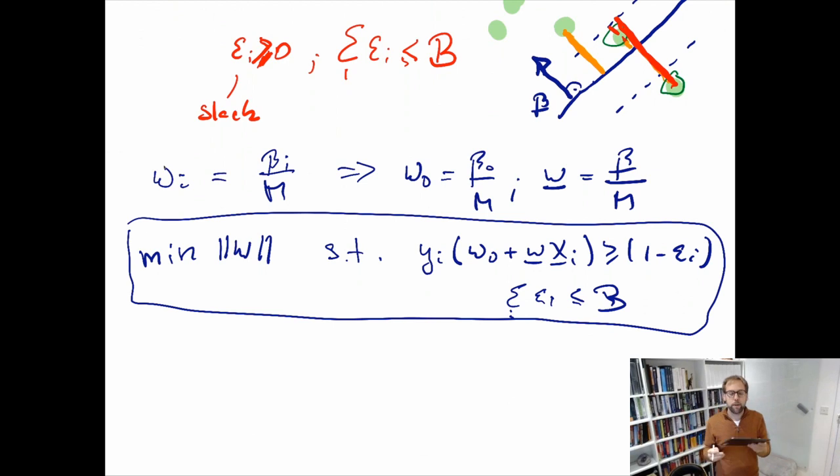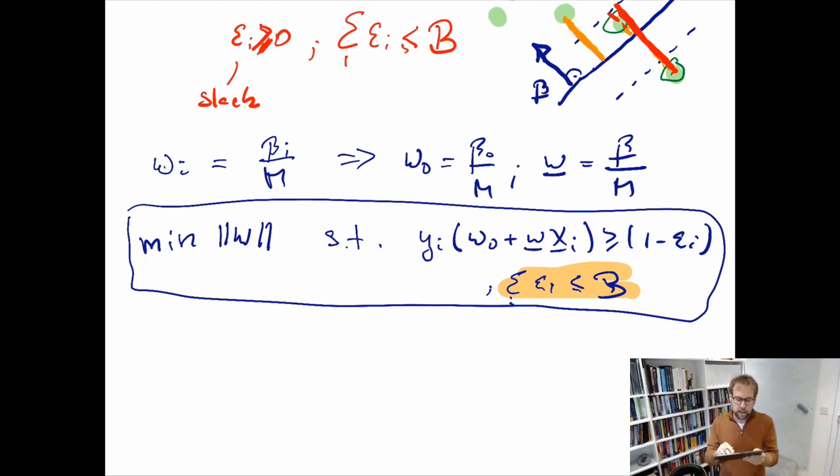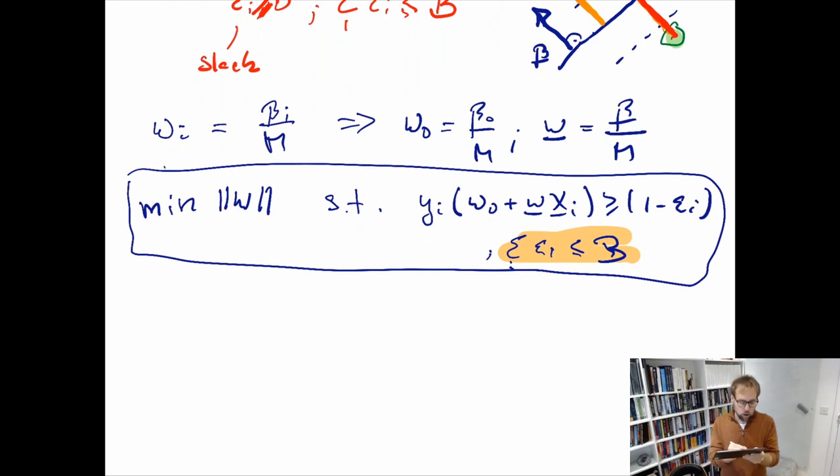But this I can rewrite further, because I can take this last constraint and put it into the main optimization problem. This is exactly what we did when we talked about regularization. I can throw it into the main optimization problem by effectively adding it to the objective. So now I have minimizing the length of omega plus some constant C times the sum over i of epsilon_i.